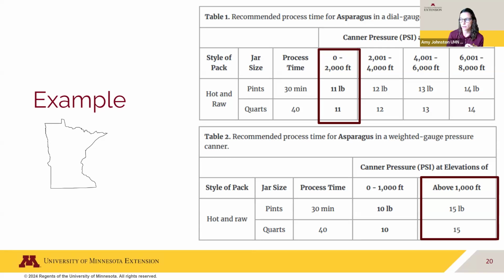And the pressure for us here in Minnesota would be 15 pounds. So again, make sure you understand what type of pressure canner you have, know your elevation, know your jar size, and then understand the pounds of pressure that you need and the correct processing time. Those all should be included in a safe recipe.